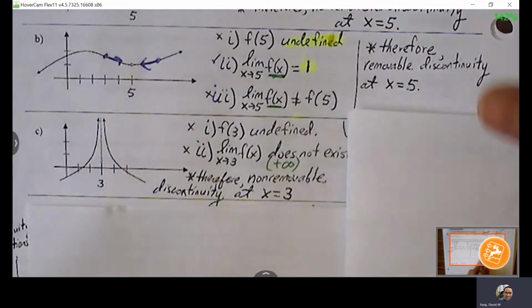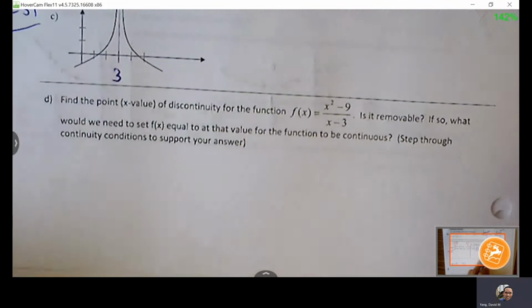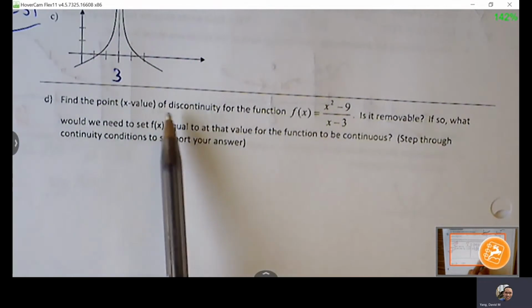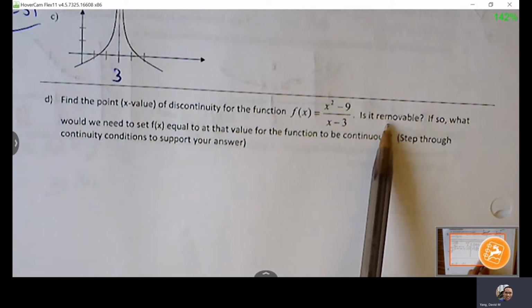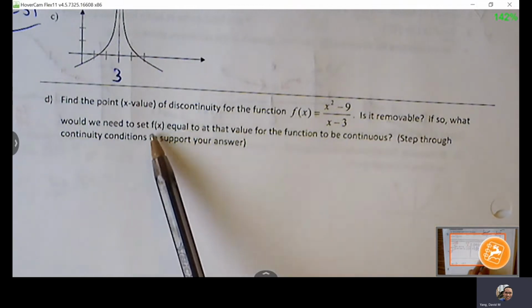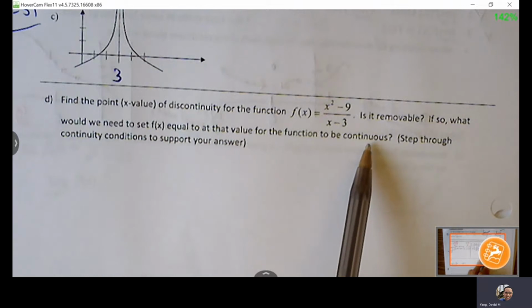Okay, so let's go to the bottom of the page, part D. It says find the point of discontinuity for the function. Is it removable? If so, what will we need to set f of x equal to for the function to be continuous?